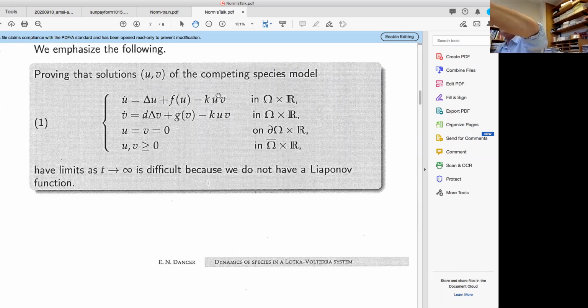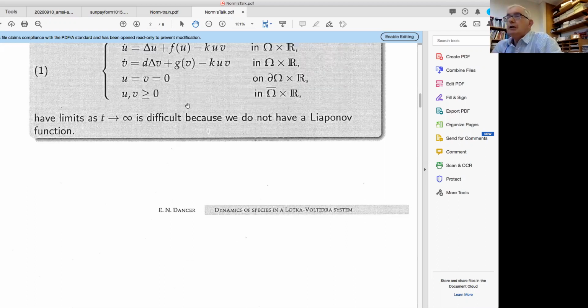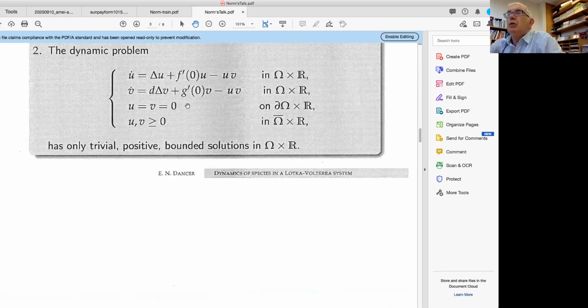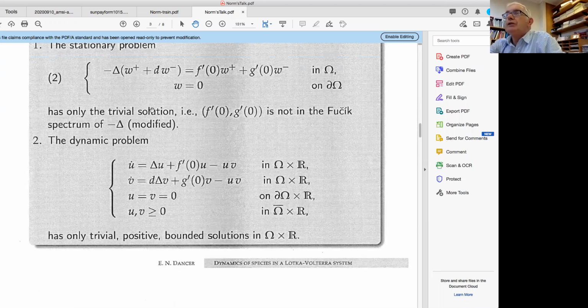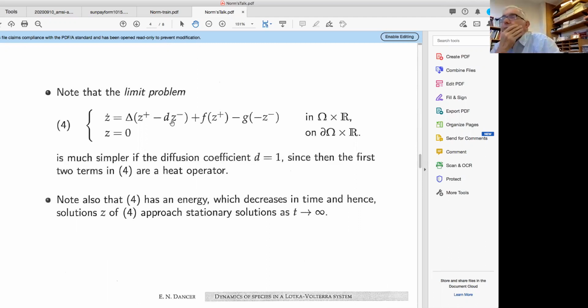Since UV is small, it means that U and V are close to the positive and negative parts of a function W. So U minus V tends to be near a function W, and you get this sort of limiting equation.